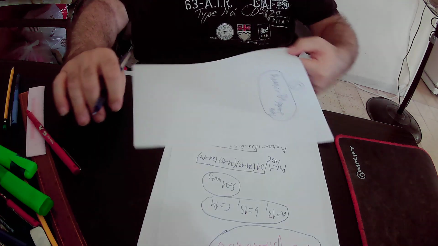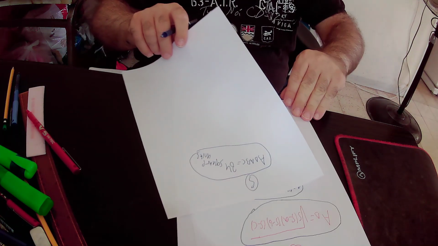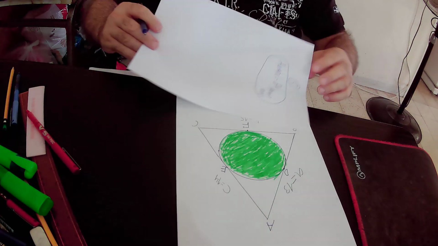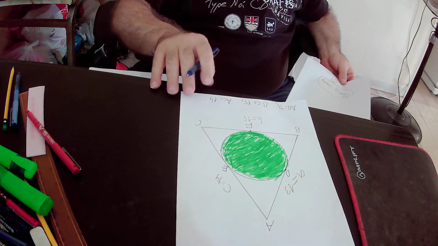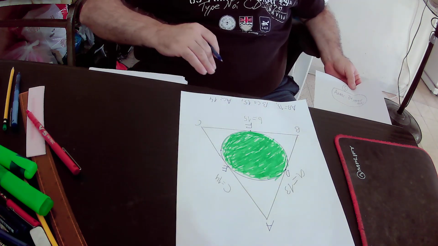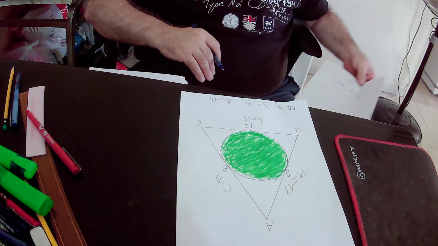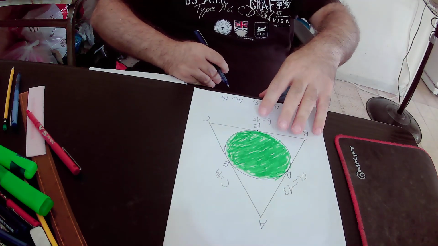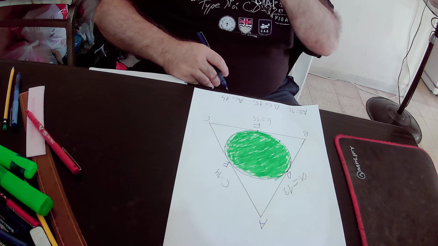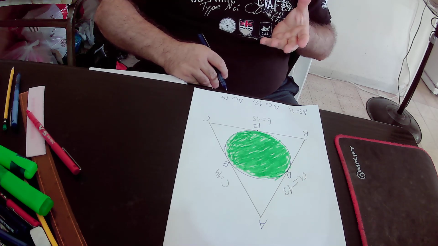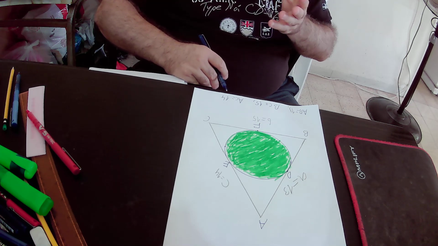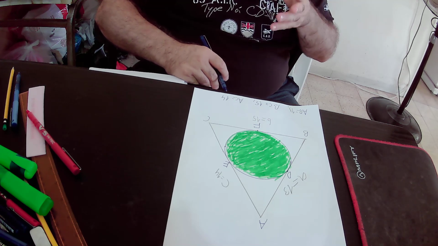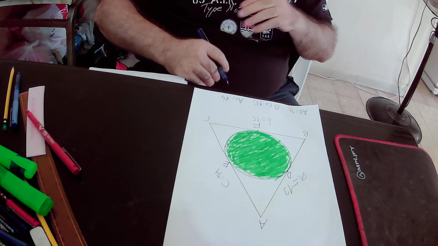So after we found the area of triangle ABC, we will find the area of the green circle. That is actually the question of this lecture, to find the area of the green circle.